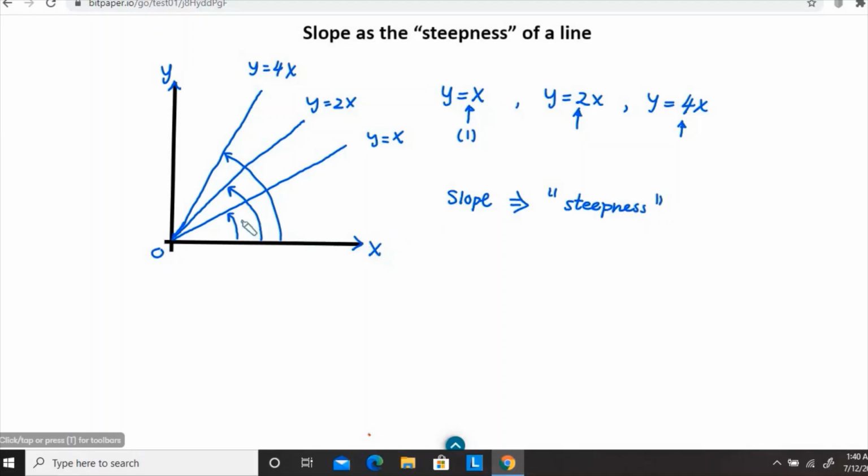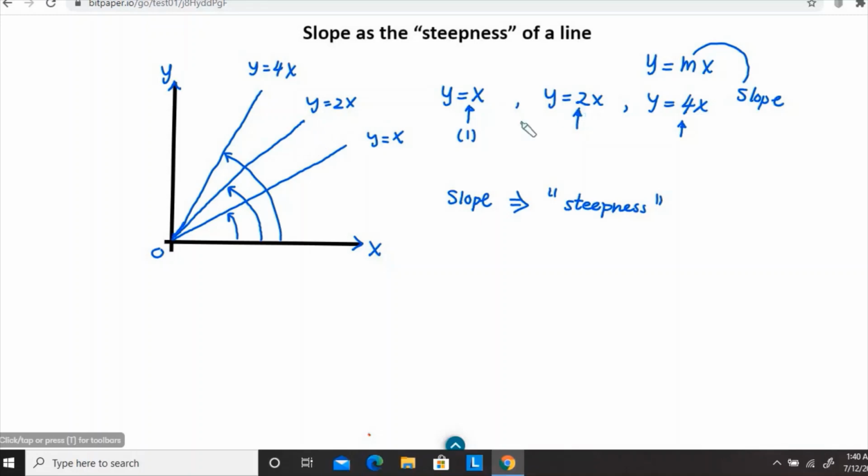And that is also very important. So for example, over here 4 is the slope, because I told you this is in the form of y equals mx, and we call m the slope. So this is 4. So it has the highest steepness, the steepest line.